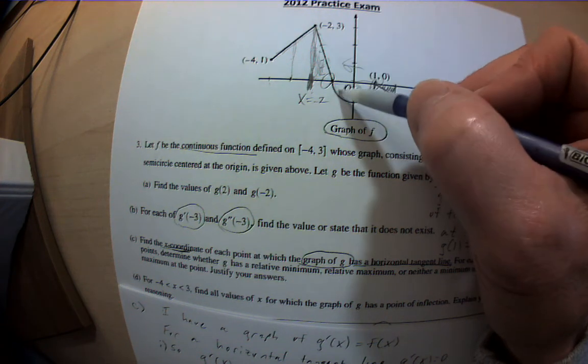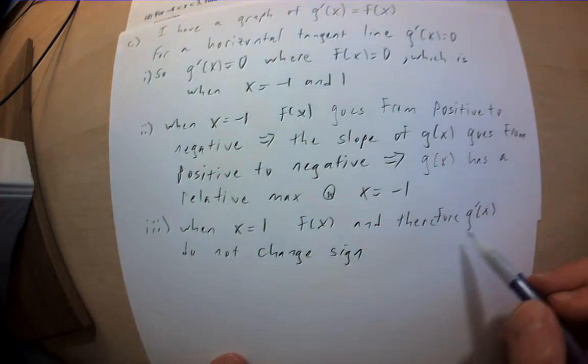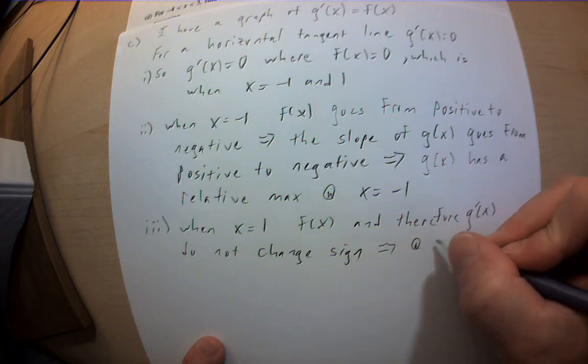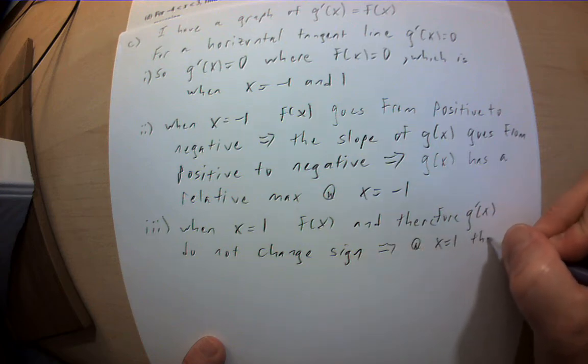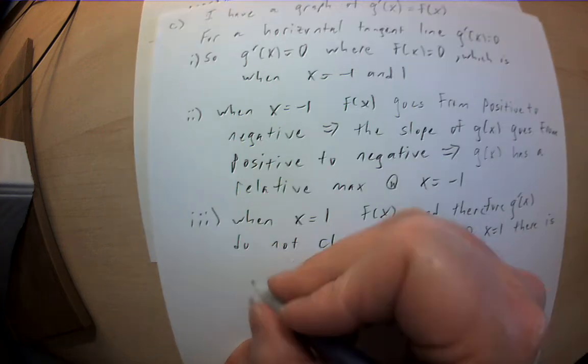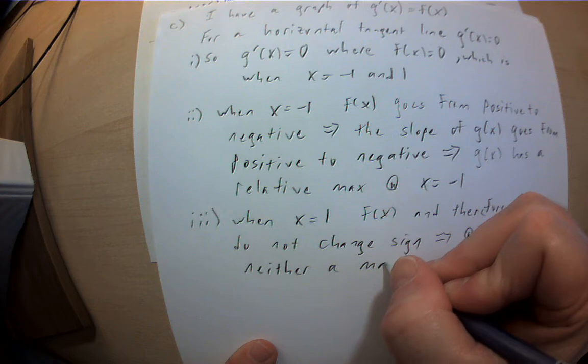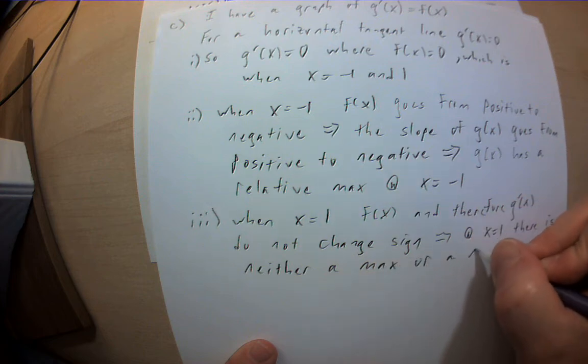Like over here, you went positive to negative, so that was a max. When x equals 1, f of x, and therefore g prime of x do not change sign. Therefore, at x equals 1, there is neither a max or a min.